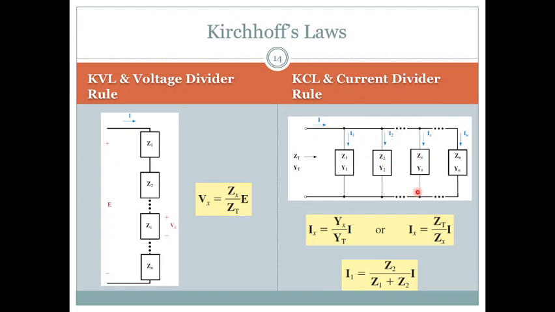So in the current divider rule, again the same. If you want to find the current across a certain device, the equation is shown here: Yx over Yt into I, right?